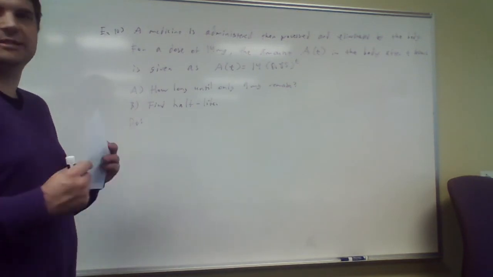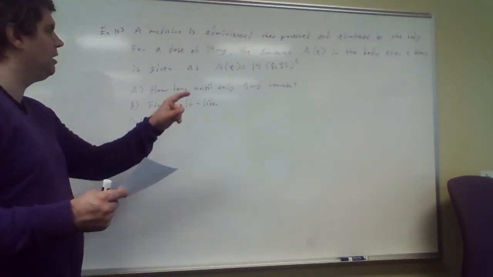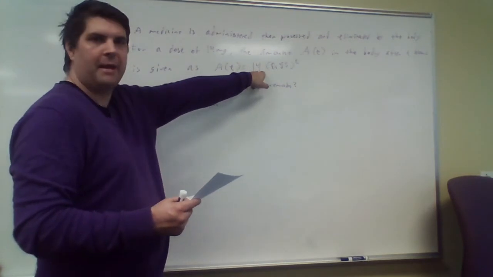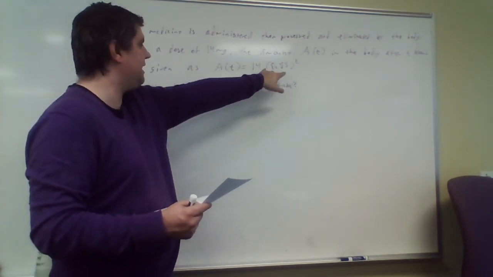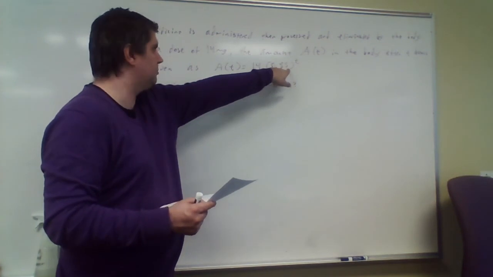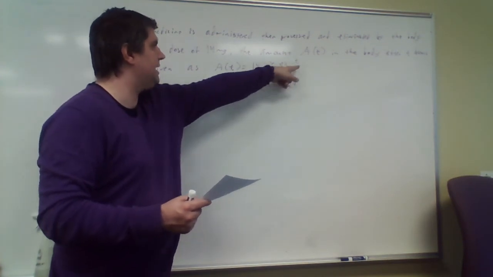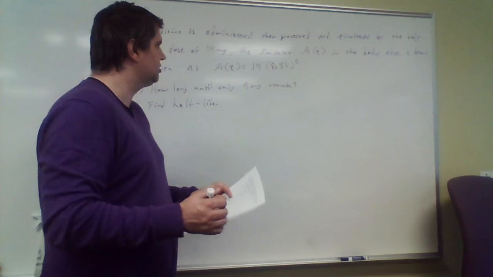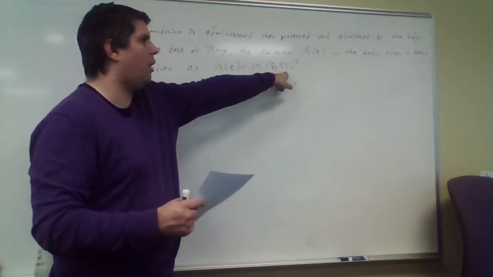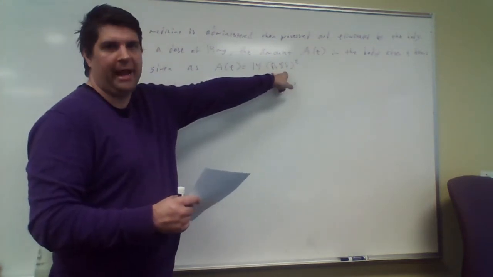So let's interpret this. Any exponential model has the original amount times the surviving amount, or growing amount if this was greater than 1, to the Tth power. Okay? So the initial dose was 14. After each hour, only 85% will remain.